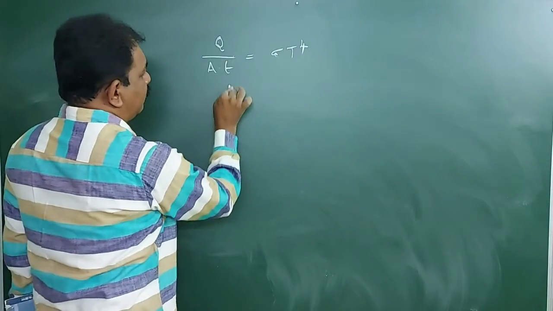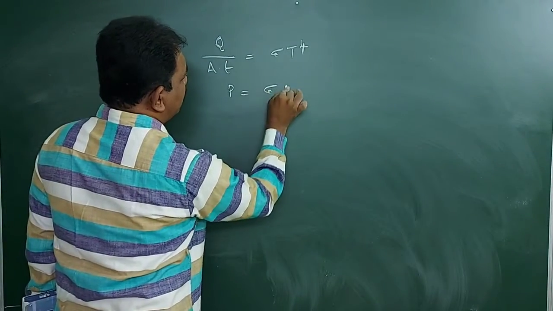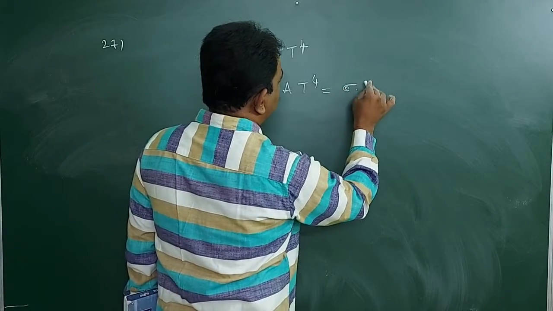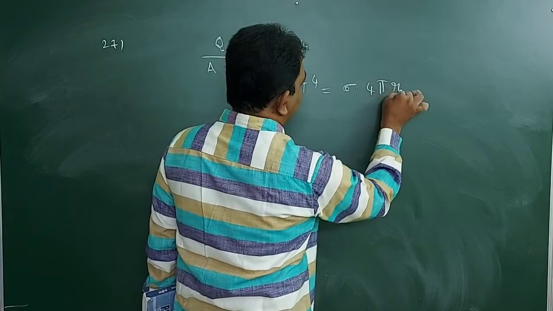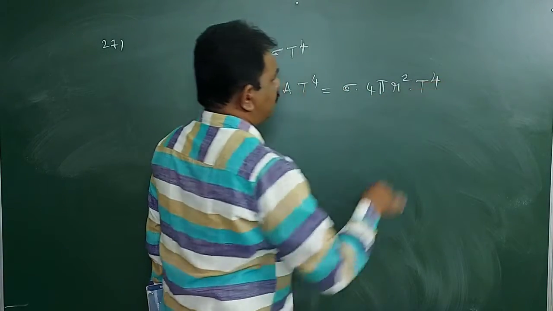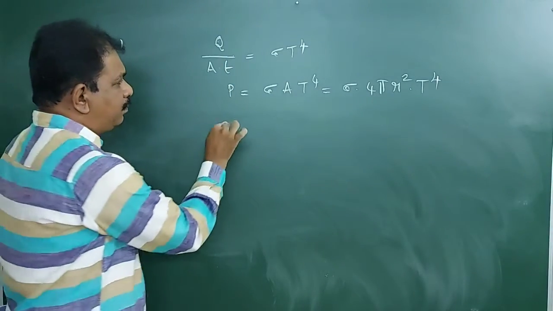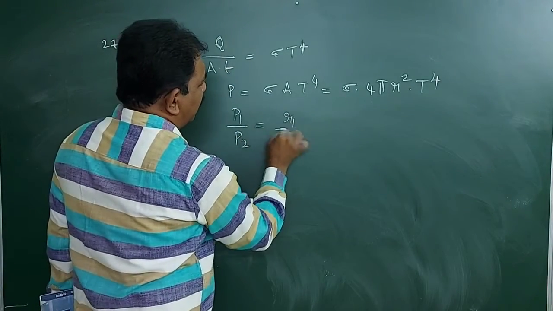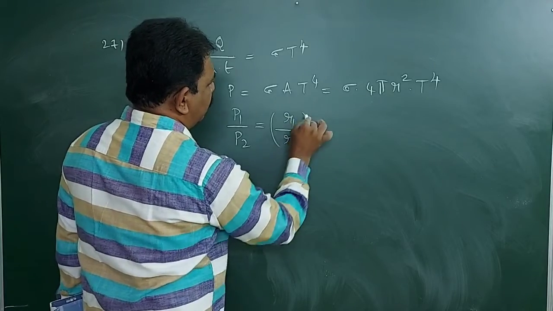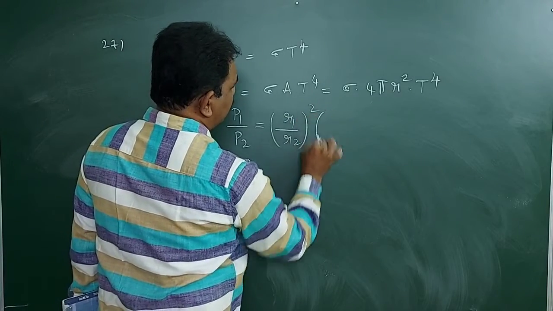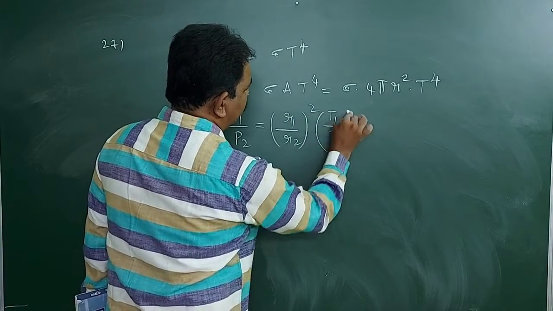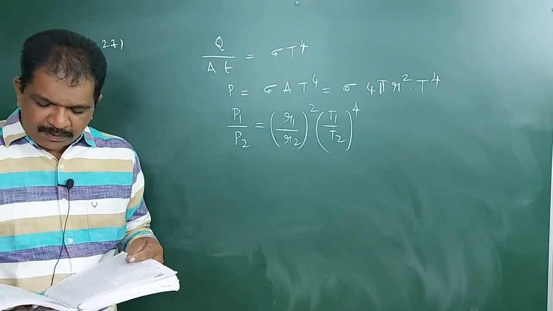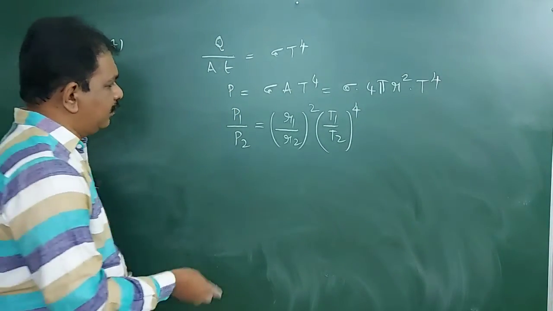Energy by time will be power, sigma A T power 4, sigma 4 pi r square into T power 4. So P1 by P2 is equal to (R1 by R2) whole square into (T1 by T2) power 4. Here the initial power will be 450 watt.